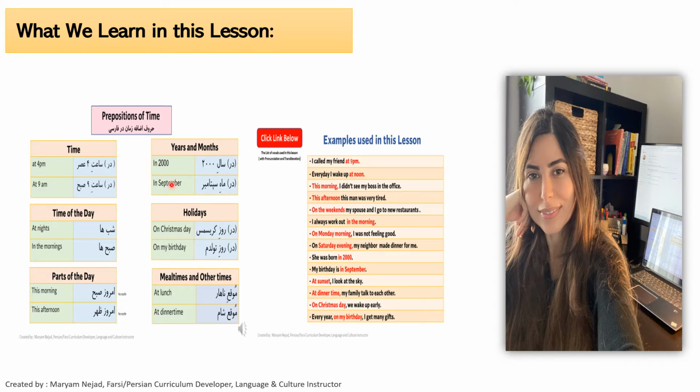So if you want to just get the key points, you can just watch the slides in just a few minutes. But if you want to get more practice and know the nuances, then it's very helpful to go over the examples too, because that's how you're going to learn and see how to actually use them in different sentences.